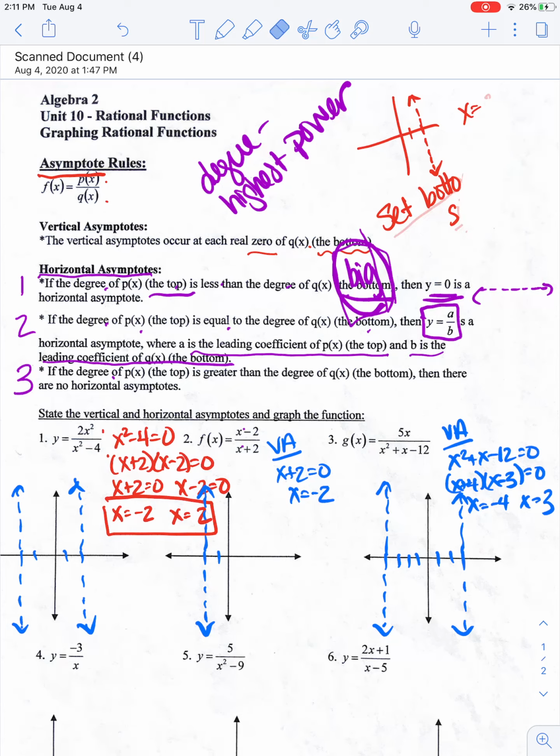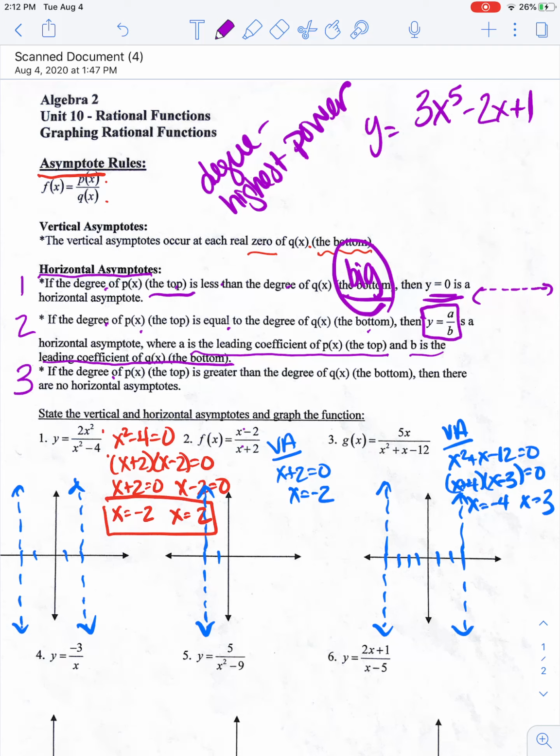Okay, so let me do a for instance. So if I have y equals 3x to the 5th minus 2x plus 1 over 6x to the 5th plus 7. Okay, so you can tell that the degree of the top is the same as the degree of the bottom.